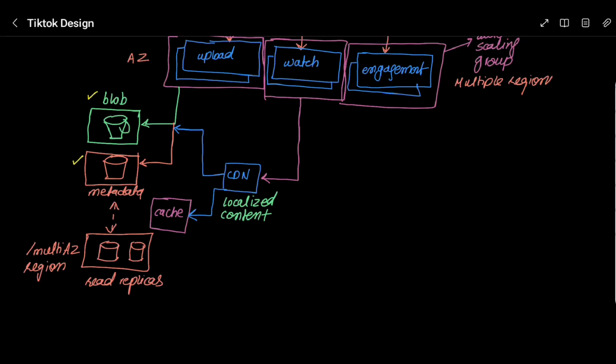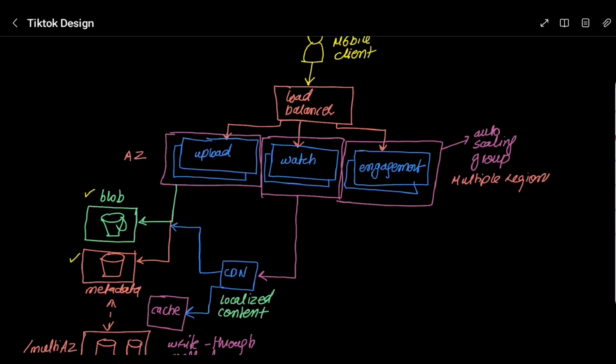Obviously, we'll be following some sort of a cache writing method over here, which would be a write-through method. So the write-through method ensures that whenever you're writing to the database, you're also writing it through the cache so that it's readily available once it has been written into the database. So it's like one more added layer of reduced latency.